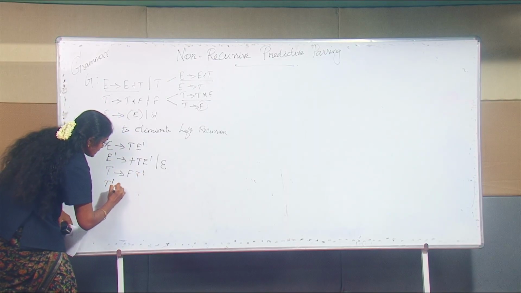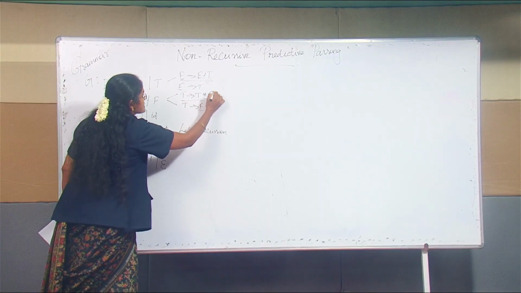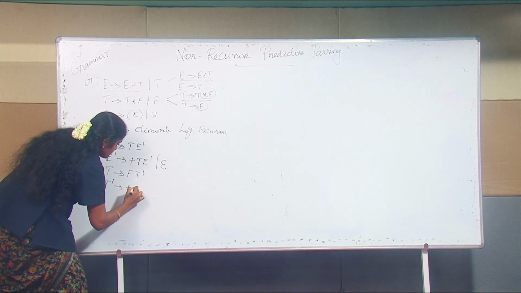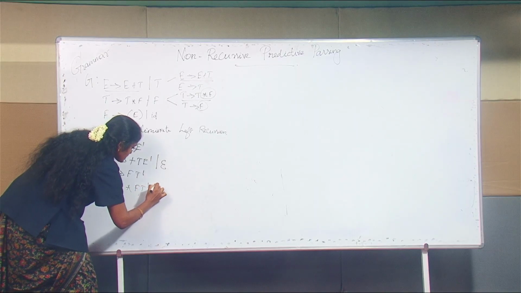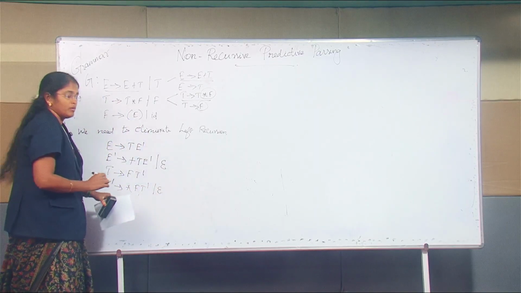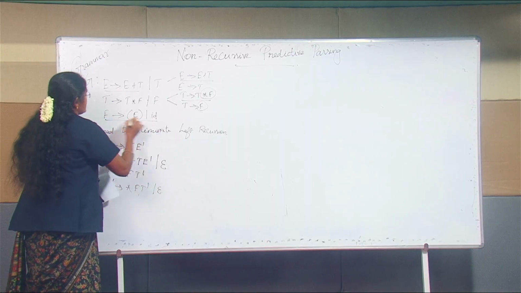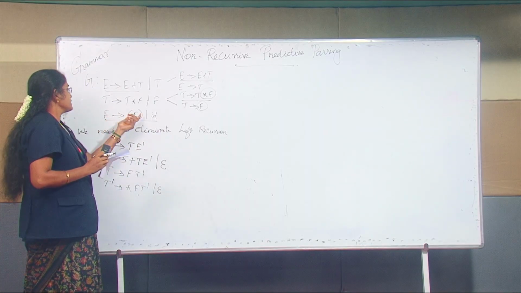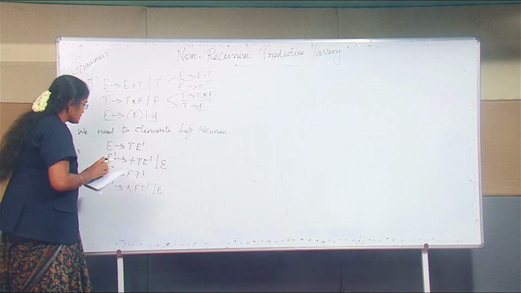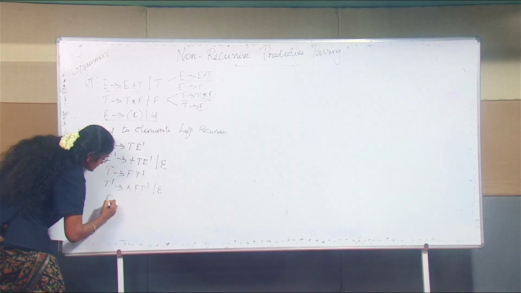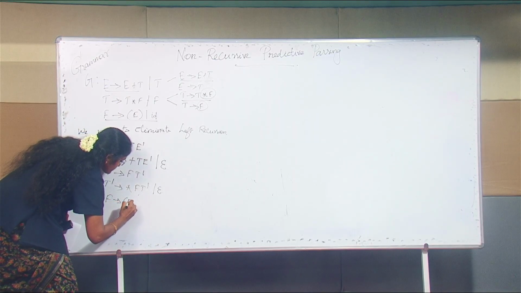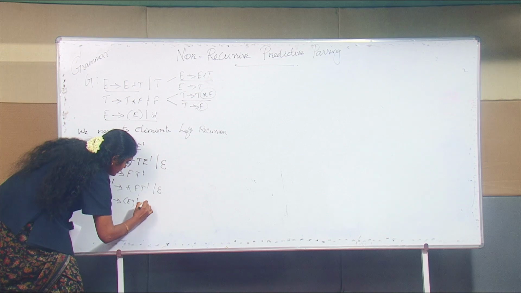For this new element, we write T dash gives star F T dash or epsilon. Then look at this: the production of F doesn't give left recursion, so we can write it as itself. F gives open bracket E close bracket or id.